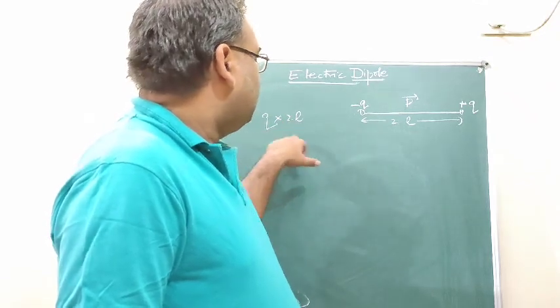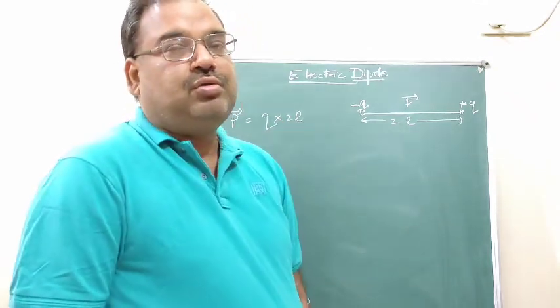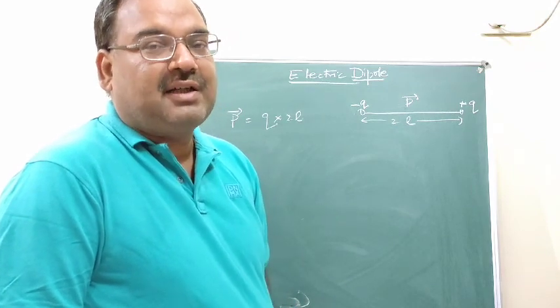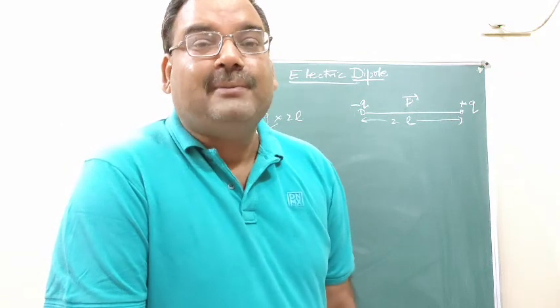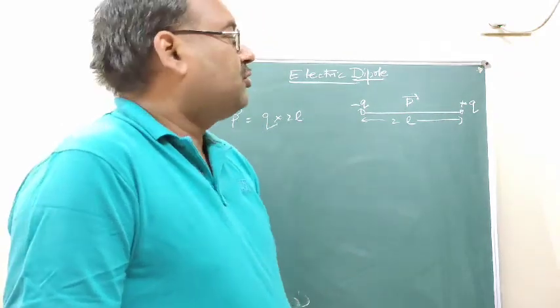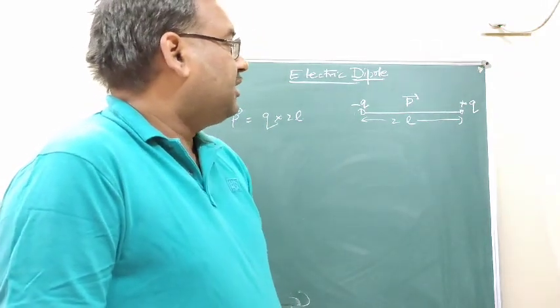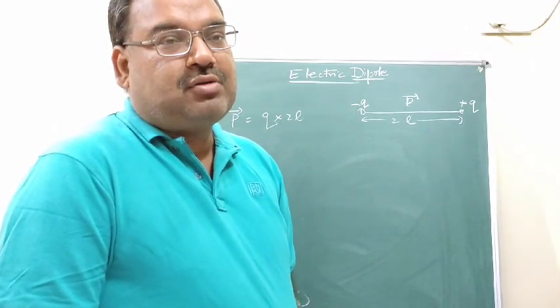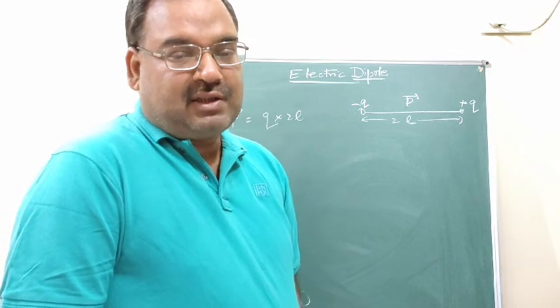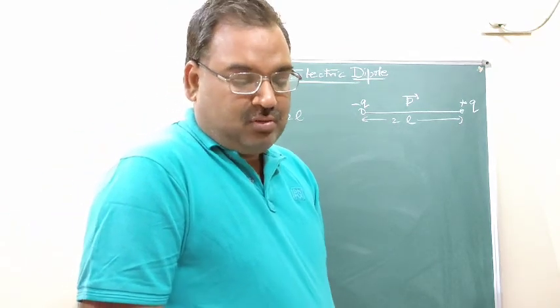So, electric dipole moment P is equal to Q into 2L. It is a vector quantity. Now, since it's a vector quantity, its direction should be taken into consideration. So, electric dipole moment has direction from minus to plus. Direction of electric dipole moment is minus to plus.